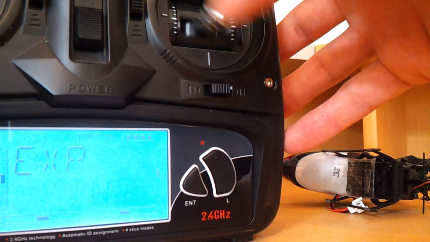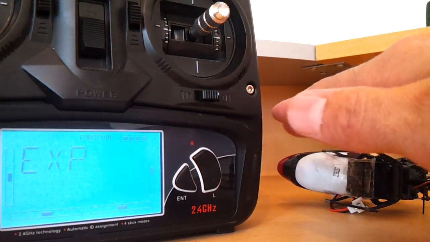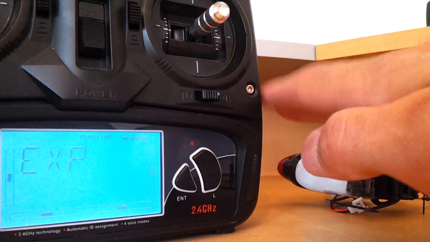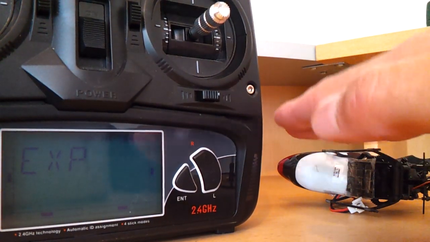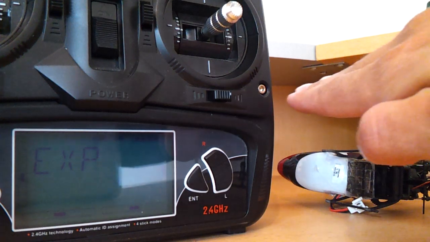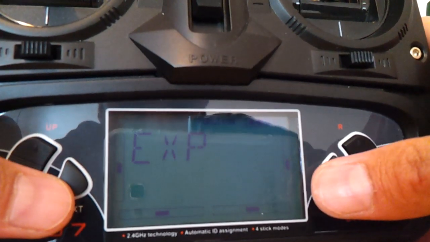So it tames this out a little bit. But you can't go too low or else you're not going to be able to correct yourself. I like 100%. That makes it easier to flip and all that good stuff. But if you find that you want a little more tame flying, you can lower your DR to maybe 80%, 70%.